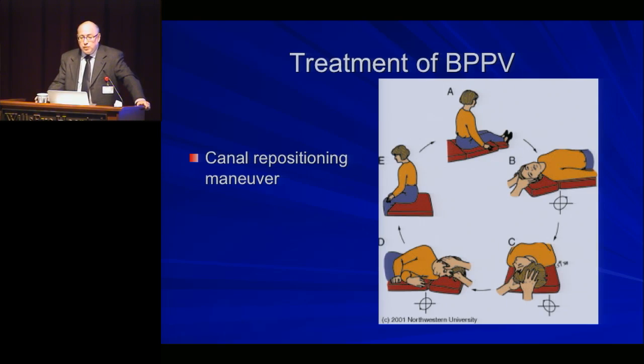So if you have anyone with benign paroxysmal positional vertigo and you don't know how to do this maneuver, find out who you work with, whether it be neuro-ophthalmology, ENT, or physical therapy, that knows how to do it and cure people.